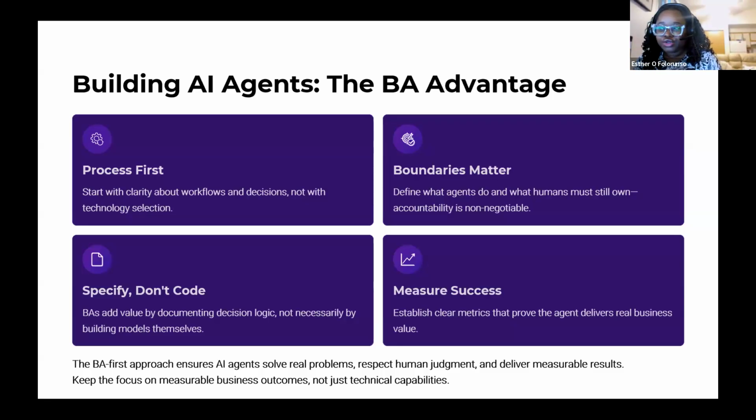Now, what are the boundaries? What exactly do I want this agent to do? And what exactly do I want humans to still do? There are times we make the mistake and say, oh, everything has to be done by the agent. It also depends on the context. Now, there are some agents that have been created where humans still have to do something.